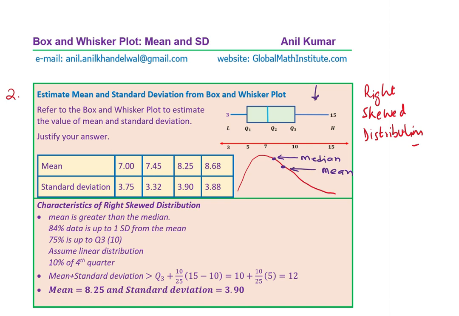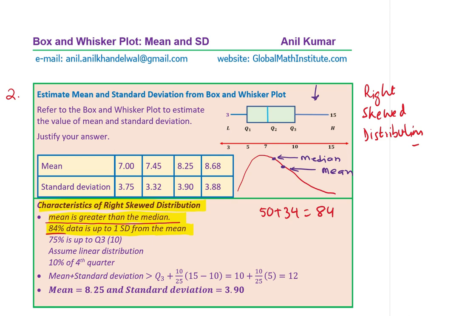Now let's look back at the characteristics of a right skewed distribution. So we know that the mean is greater than the median. We also know that 84% of the data is up to one standard deviation from the mean. So what we are trying to say here is that generally the median will be the central value, correct? So 50 plus 34 is 84, right? First, the mean is greater than the median.